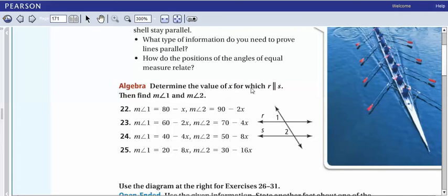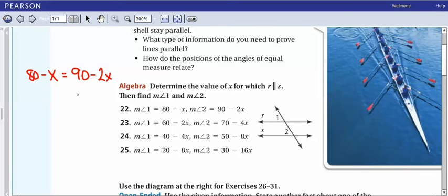Determine the value of x so that R is parallel to S. Now they're telling you that angle 1 equals 80 minus x, and angle 2 equals 90 minus 2x. For those two lines to be parallel, what do you know about those two angles? What has to be true? Please say they have to be congruent. Good. So 80 minus x has to equal 90 minus 2x.